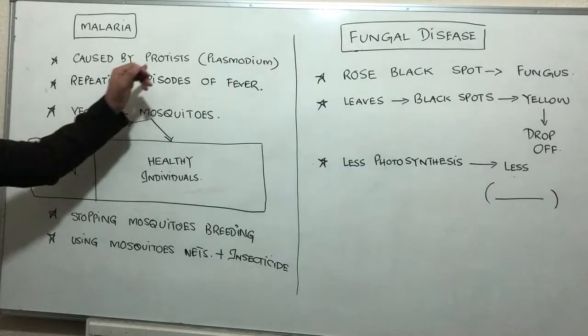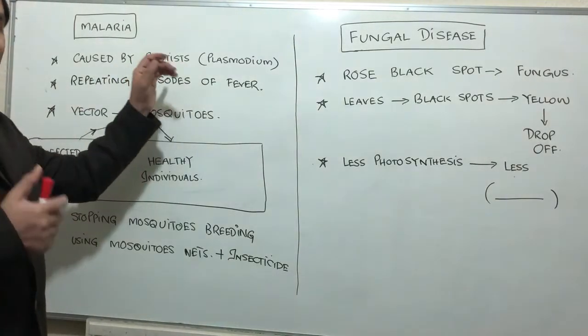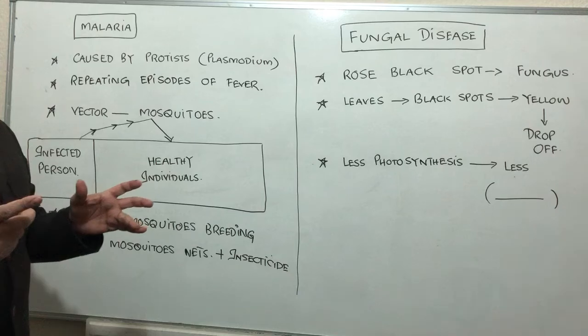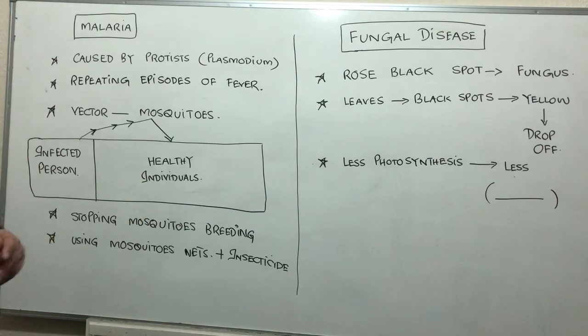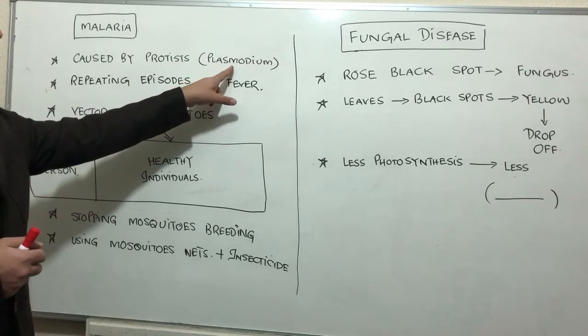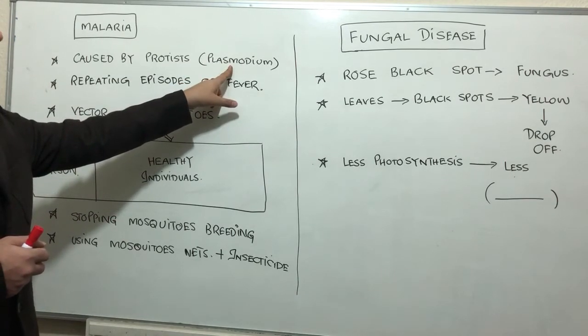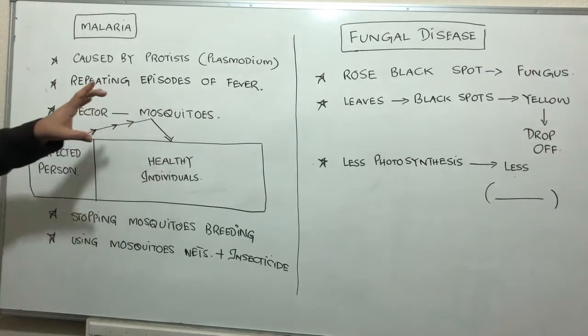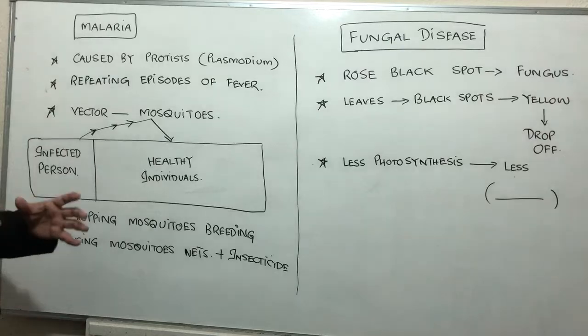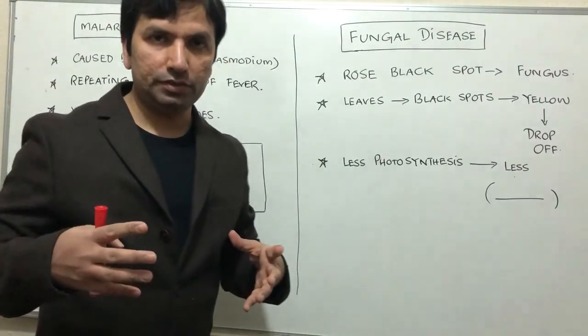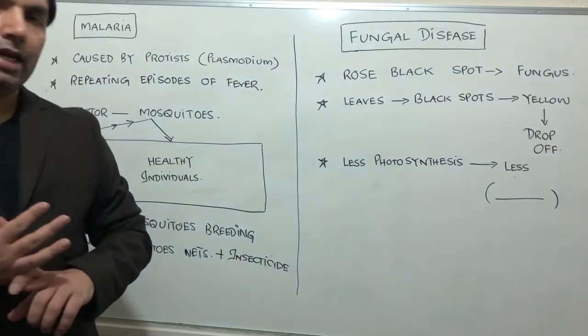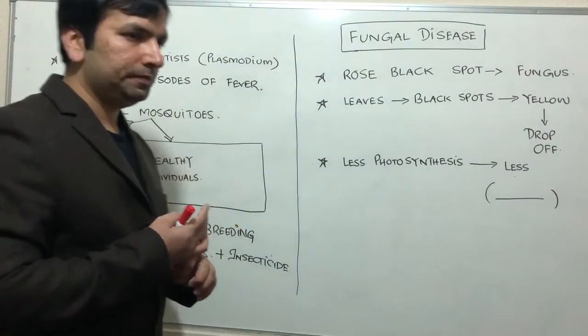Malaria is caused by protists, single cell eukaryotic pathogens. The pathogen causing the disease of malaria is called Plasmodium. Plasmodium completes its life cycle in two living organisms: human beings and mosquitoes.